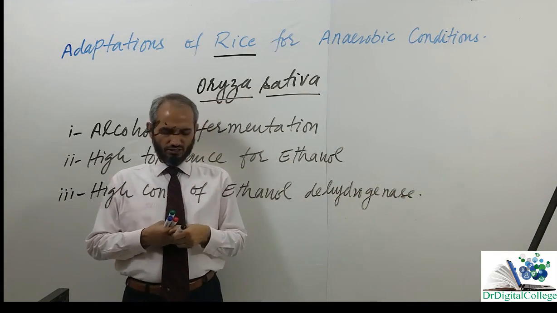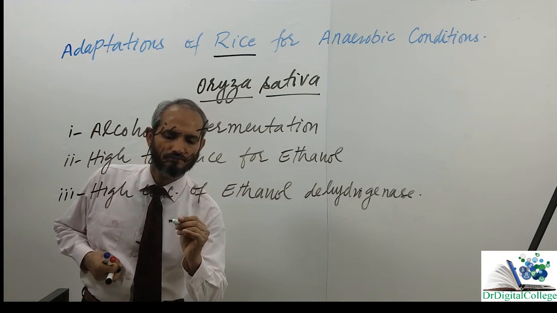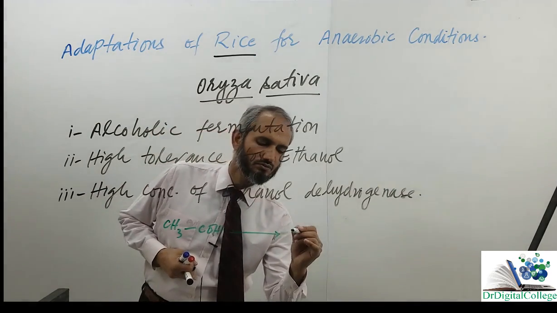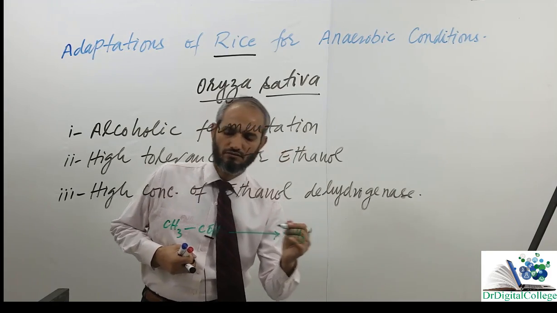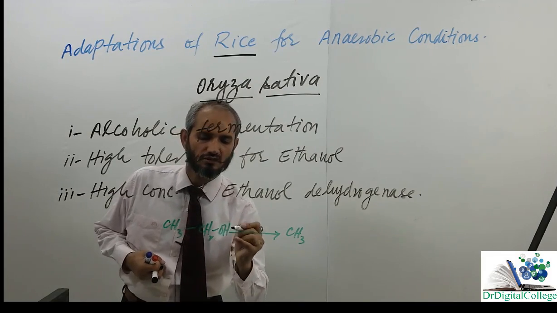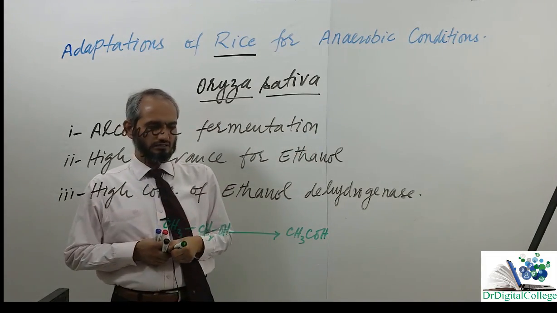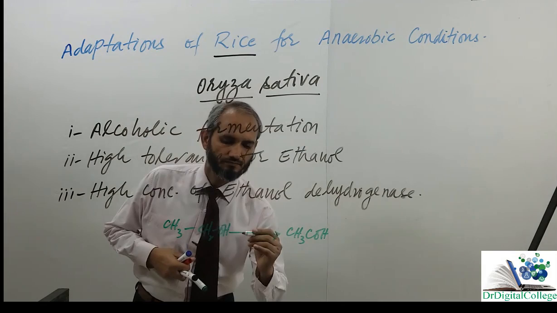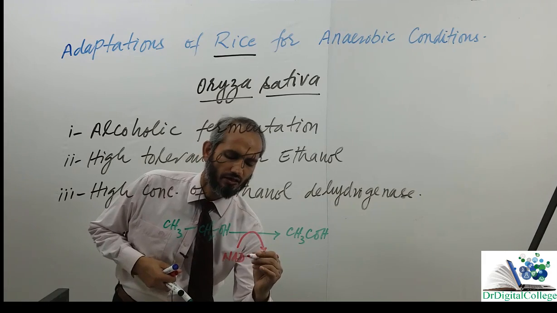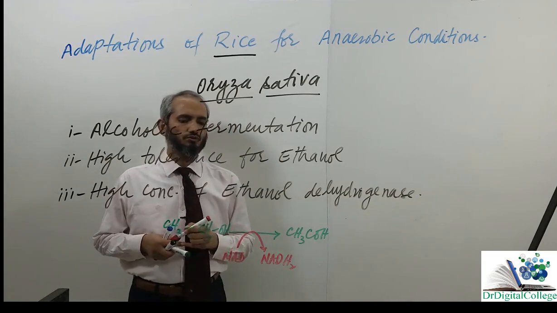By ethanol dehydrogenase, ethanol (CH3CH2OH) is converted into acetaldehyde (CH3CHO), and during this NAD is reduced into NADH2.